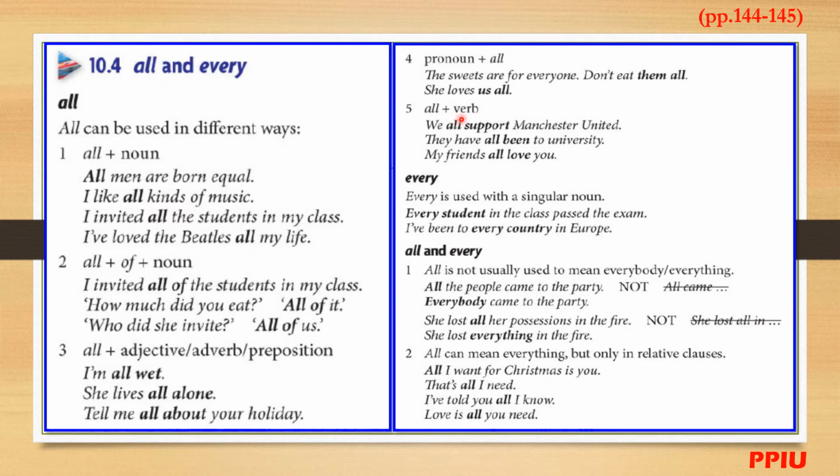All plus adverb. We all support Manchester United. All support, right? So all support is verb. They have all been to university. All been is verb. My friend all love you. The same.